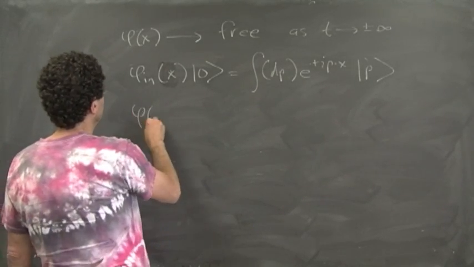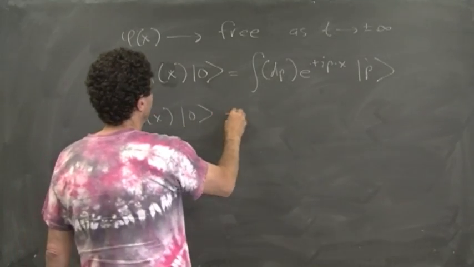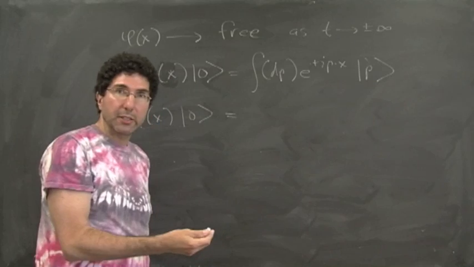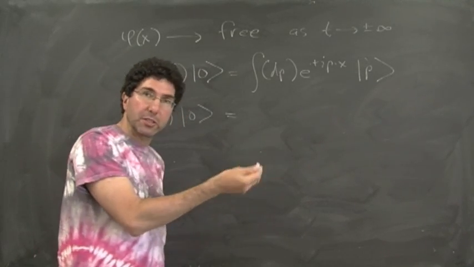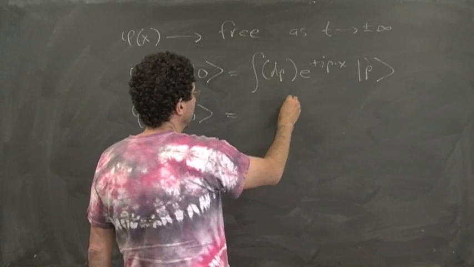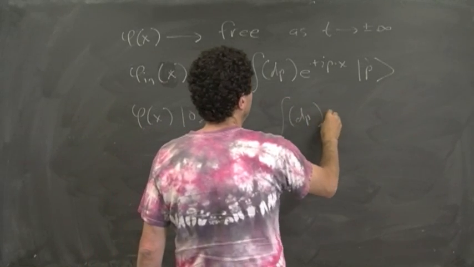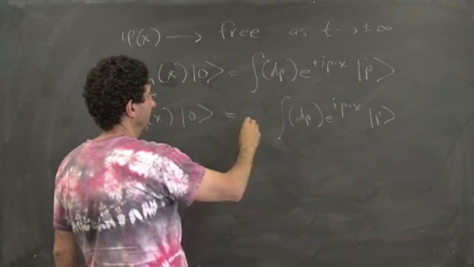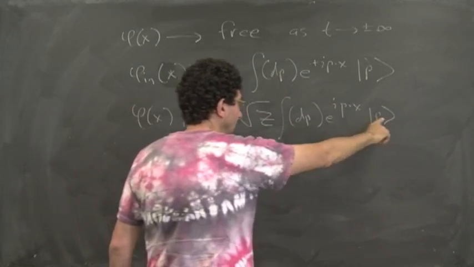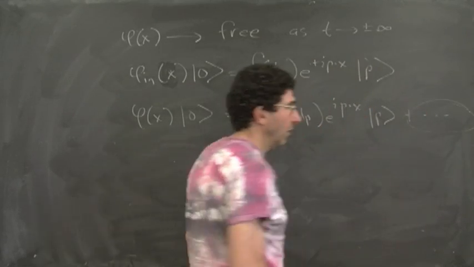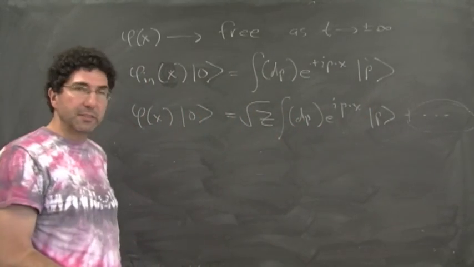But now if we take this interacting field acting on the vacuum, it will create not just a one particle state in general, it will create many particle states. Part of what it will create will be what we have for the one particle states like I have here, but there are other states that it can create.